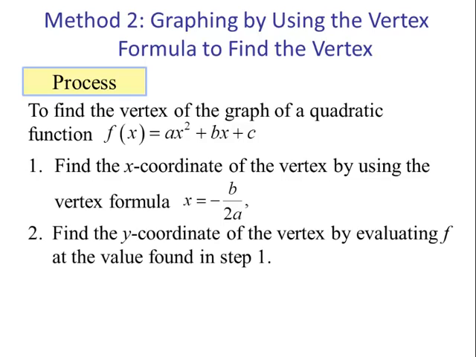Find the y-coordinate of the vertex by evaluating f at the value found in step 1. So once we compute the value of x, we substitute that back in to the original function to get the value of y. So in symbols, this means find f of negative b divided by 2a.